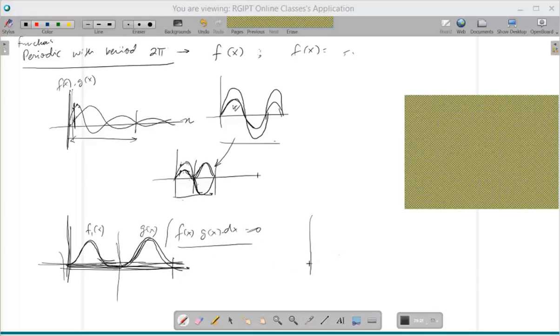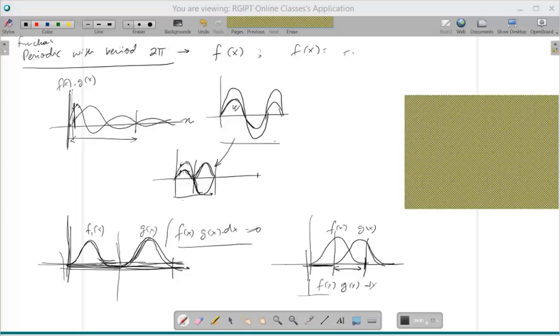Now suppose you have these two functions. Do you think overlap should be 0 in this case? Then it will not be 0, right? Now if you calculate the integral of f(x)g(x) dx, for this range you'll get 0 value. In this range you will get a non-zero value, and then again you will get 0 value.